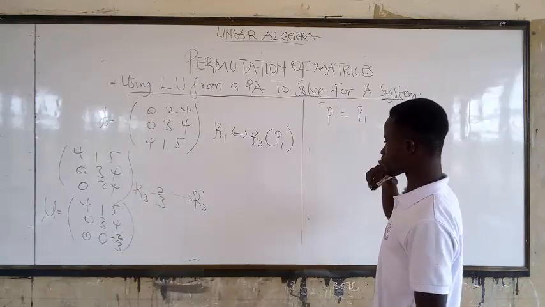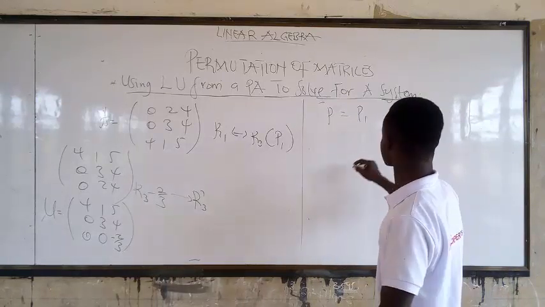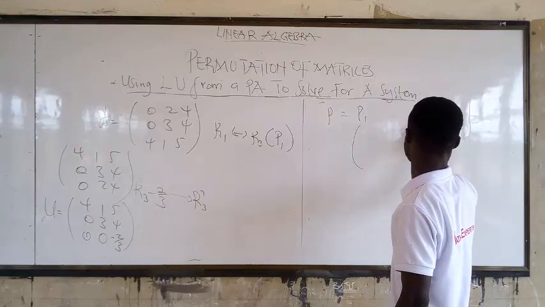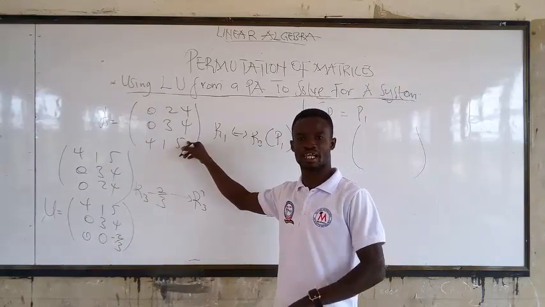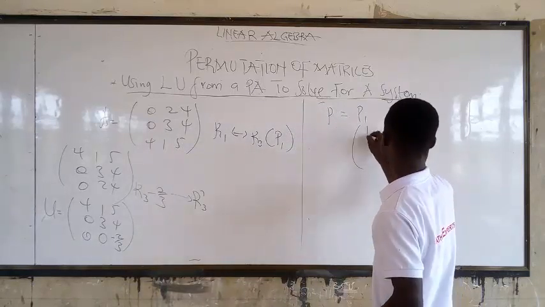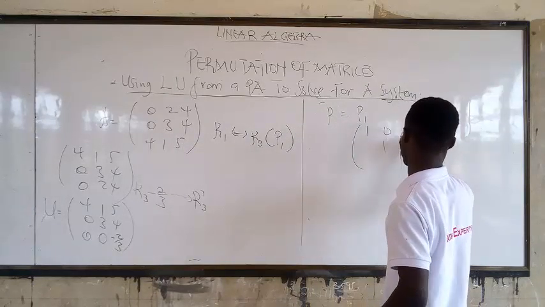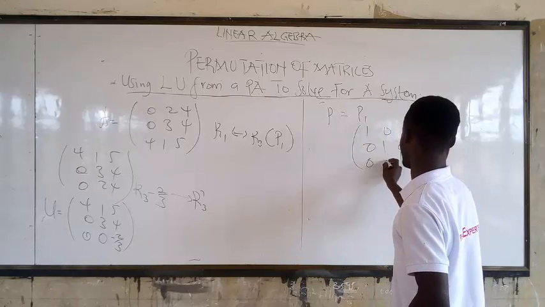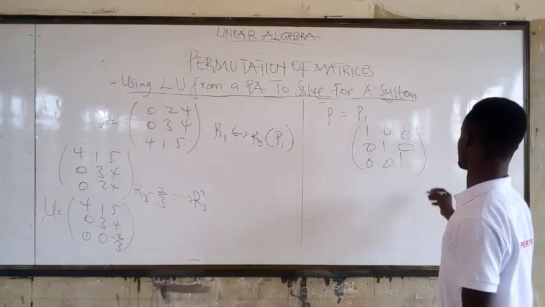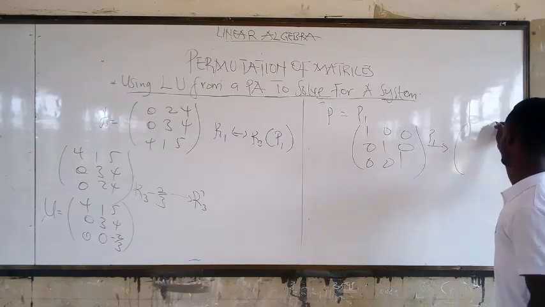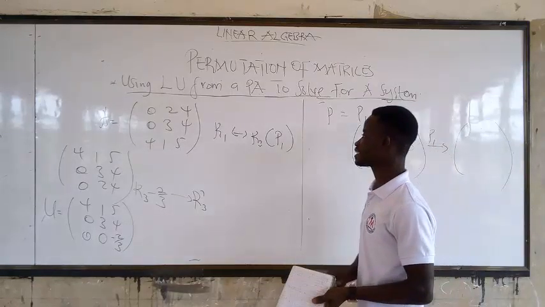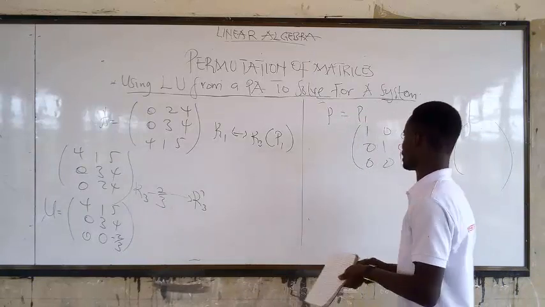And okay, so now we write the identity matrix. P is not 4 by 4; this is 3 by 3. So 1, 0, 0, 0, 1, 0, 0, 0, 1. Alright? So by applying P1 to it, we interchange row 1 and row what? 3.